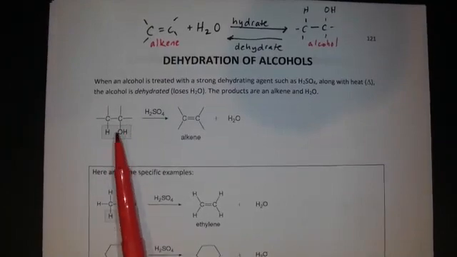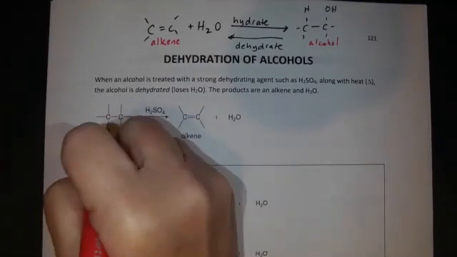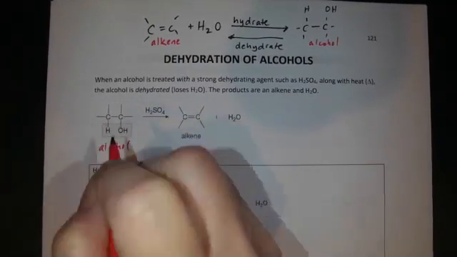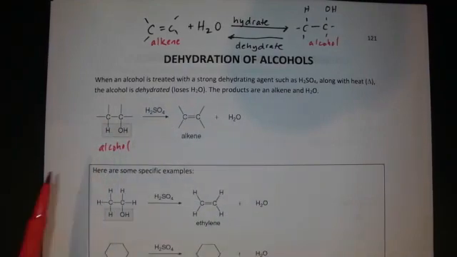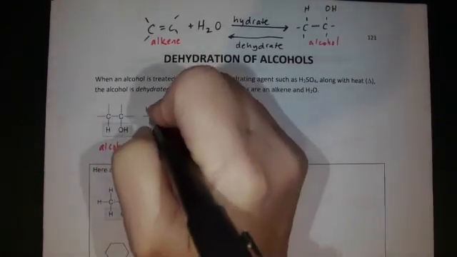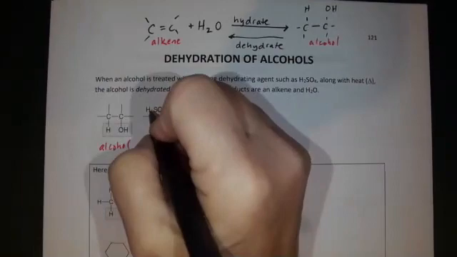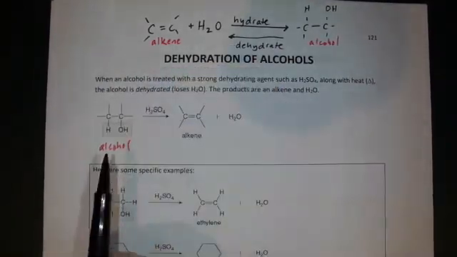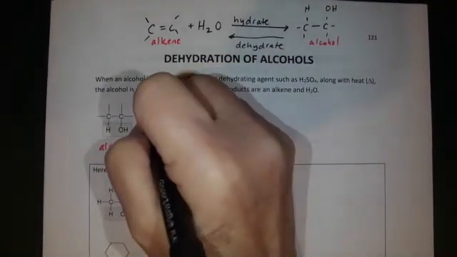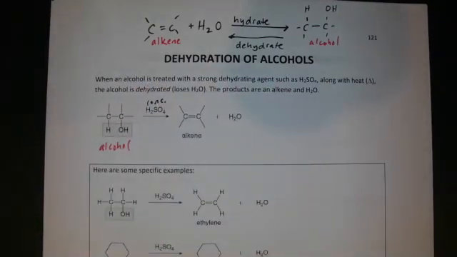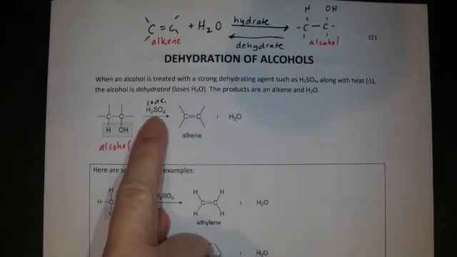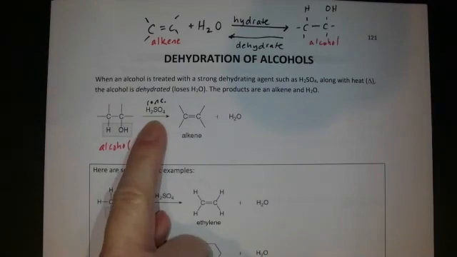Here's a general example. This, of course, is an alcohol, which means it can be dehydrated. The reactant, or the catalyst, I will say, that's used in this reaction is concentrated H2SO4. When you see that, that's an indication that it's a dehydration reaction.